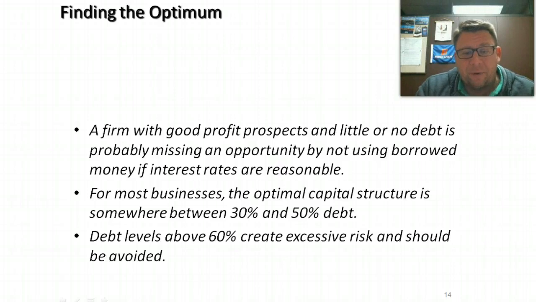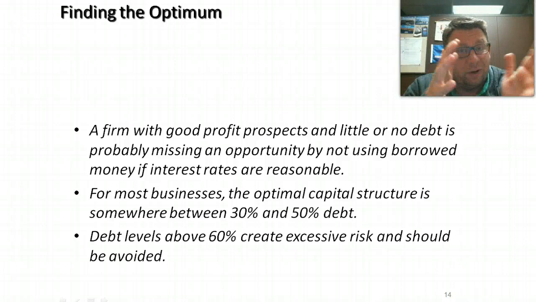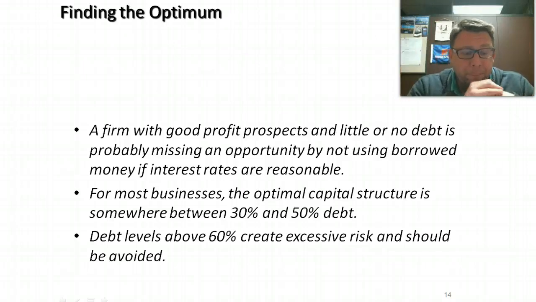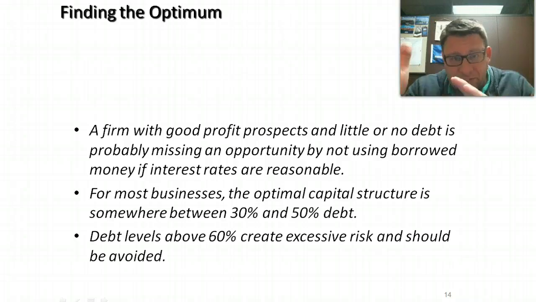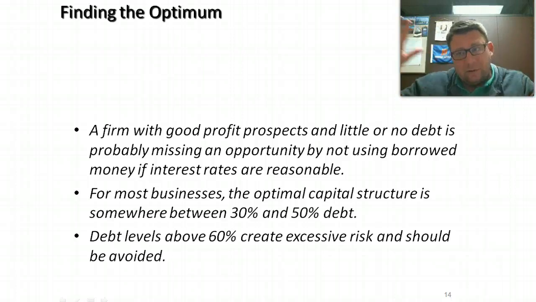For most businesses, the optimal capital structure is somewhere between 30 and 50%. That's what the book says, and if you get a test question on that, you want to answer it that way. Although most firms are probably between 50 and 60%. Debt levels above 60% create excessive risk and should be avoided. So once we get above 60, 65 maybe, at that point it starts becoming a concern.